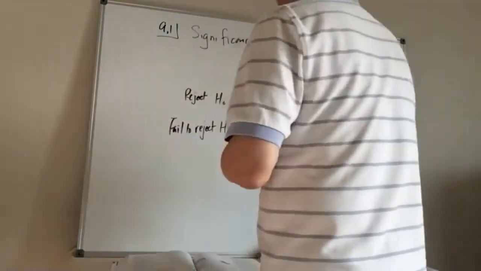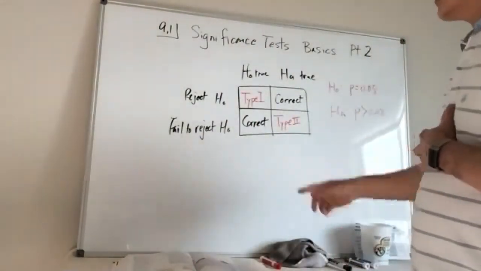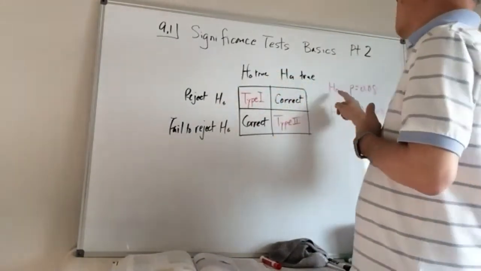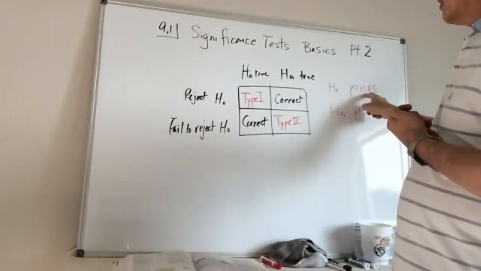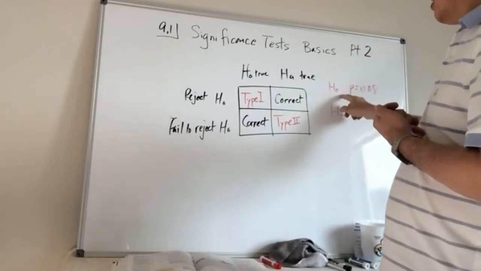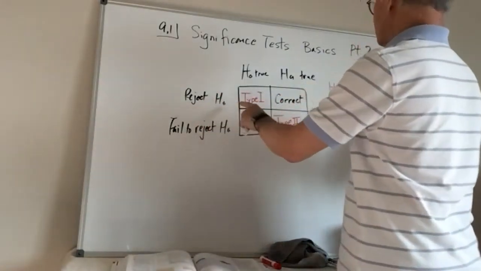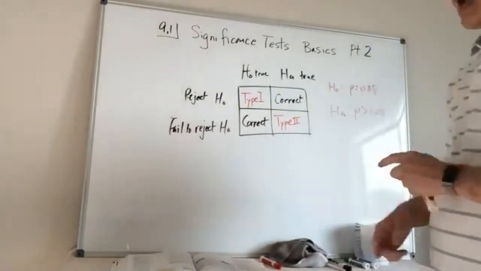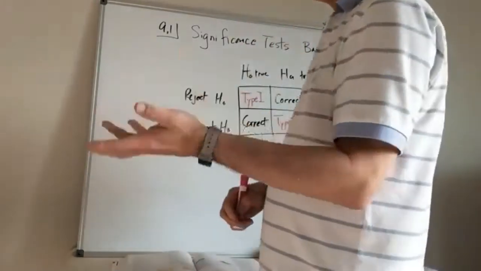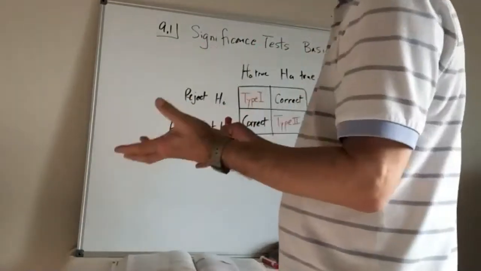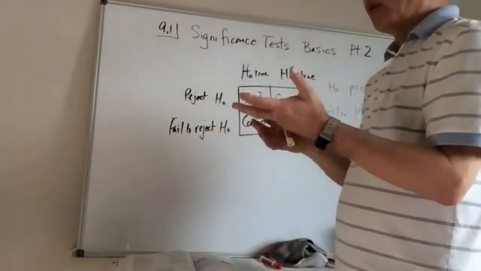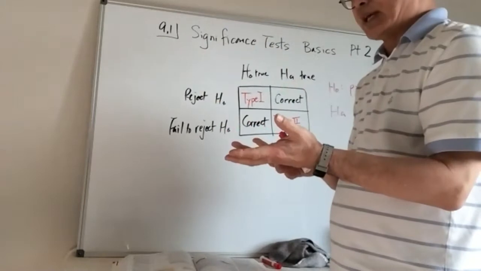So a type 1 error is when H0 is true, but I reject it. Which means what? That means that I actually have less than or equal to 8%. I have no greater than 8% blemishes there.